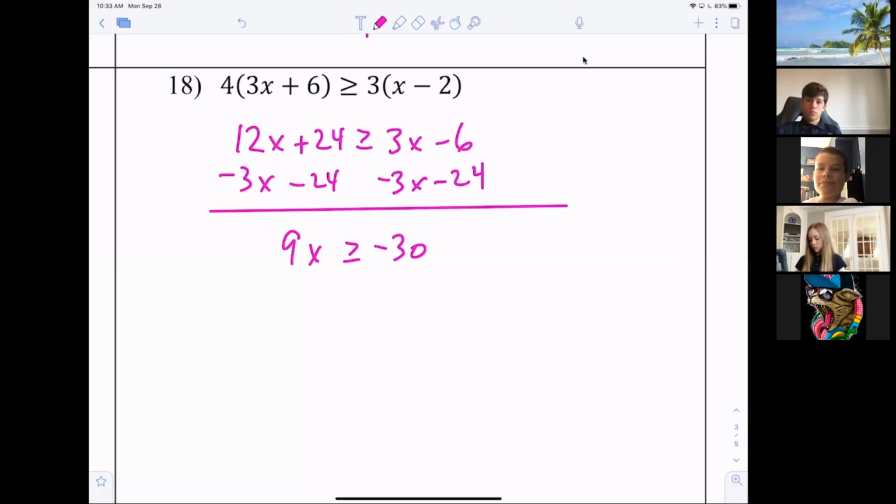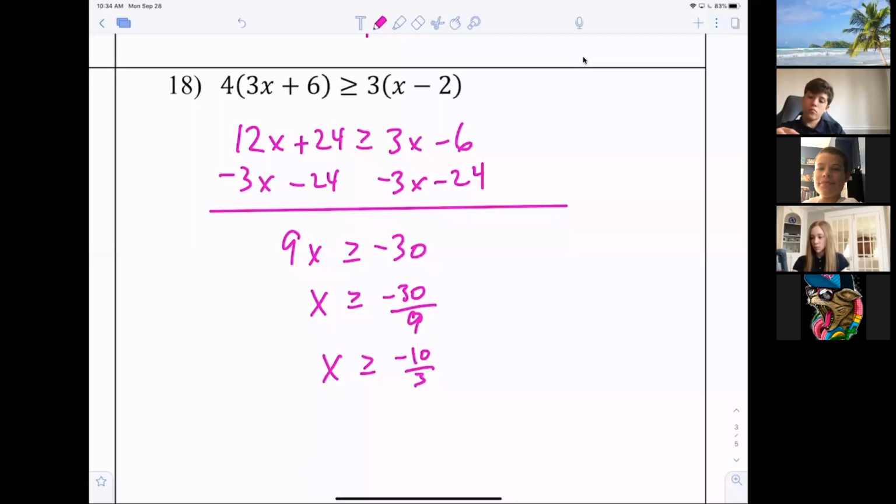Now we have to divide by 9, which creates a fraction. Anybody else get negative 10/3? Ryan, you okay with that?